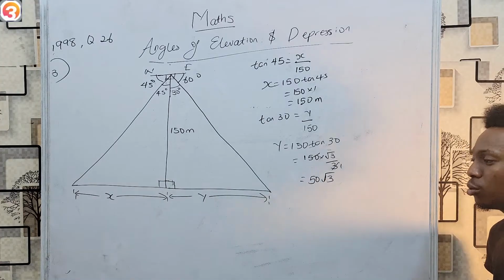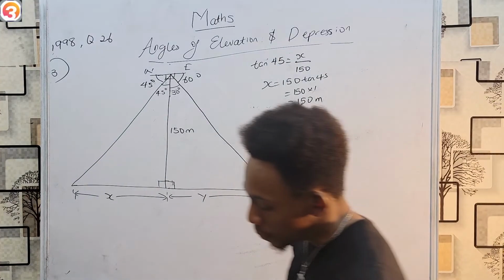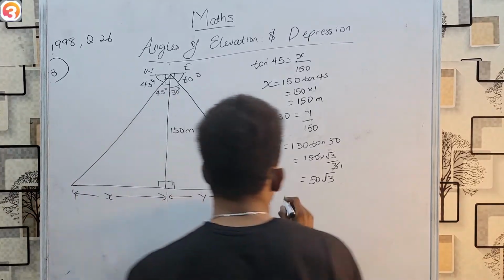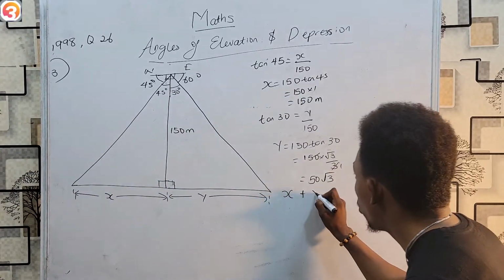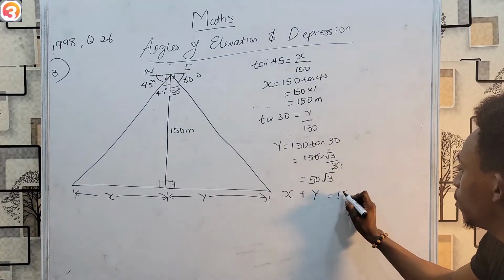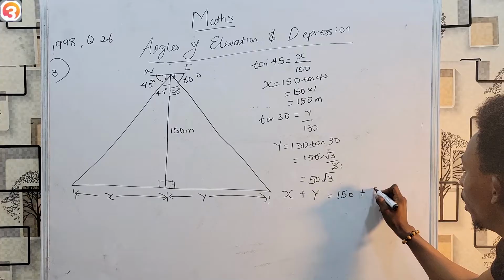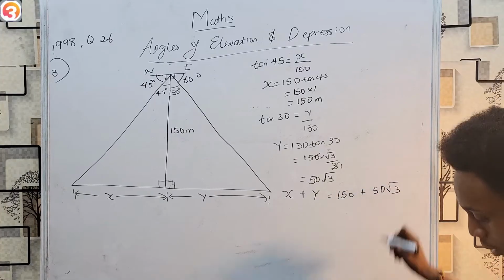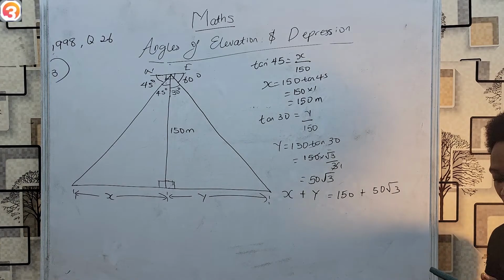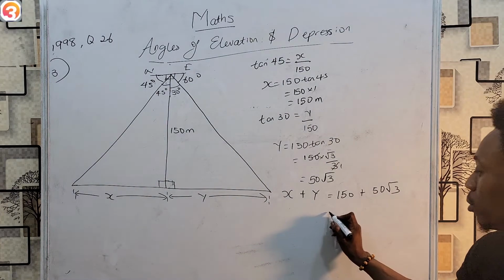Once I get this now, remember, we're finding the distance from this hut to this hut. So that will be x plus y, which will be x, 150, plus y, 50 root 3. That doesn't appear to be among my options, but I have some options, so that will be factorized. So let's see what will happen.